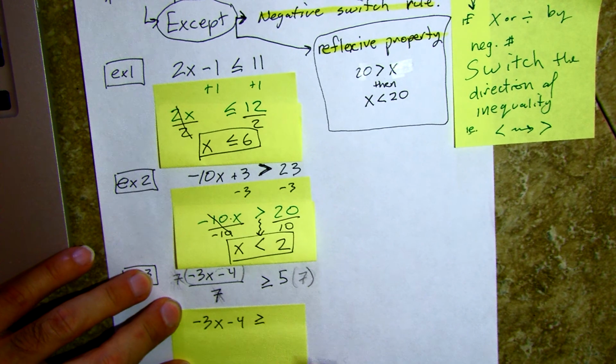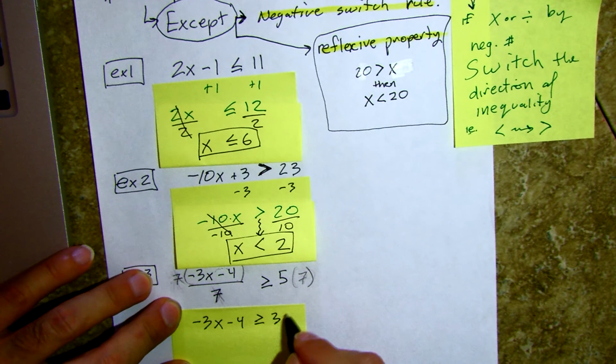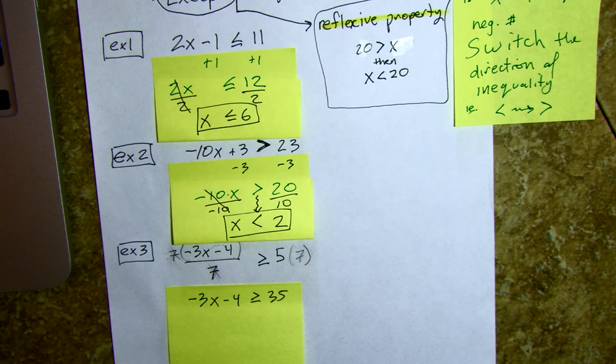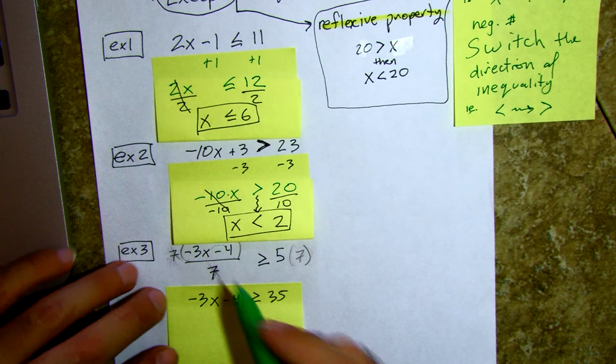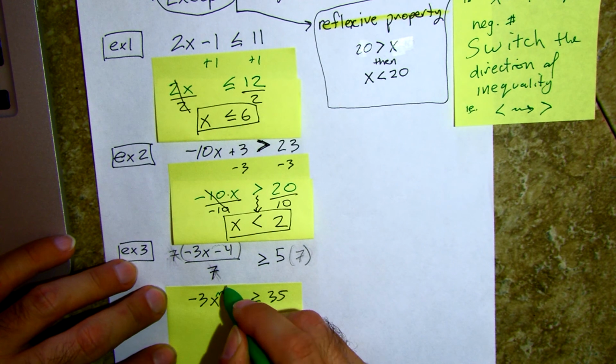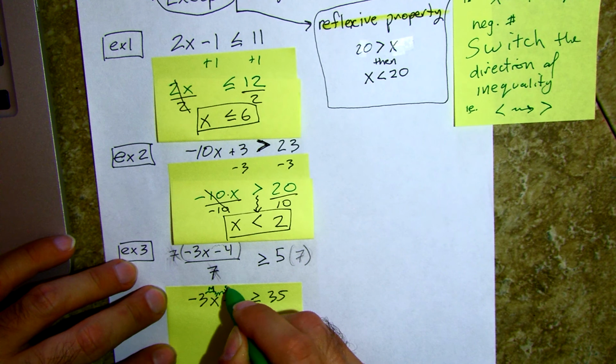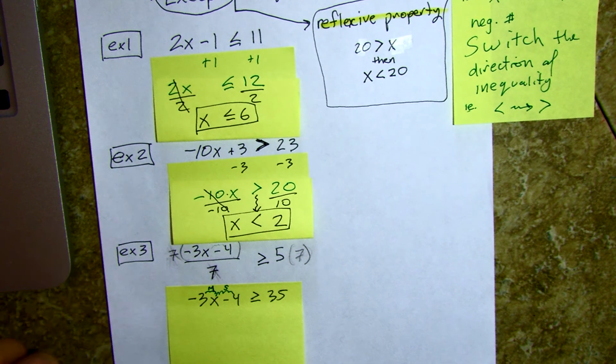All right, so now let's see. We have subtraction. We have multiplication. And let's break our chains. Instead of subtract, I'm going to add. Canceling on the left. Negative 3x is still greater than or equal to 39.